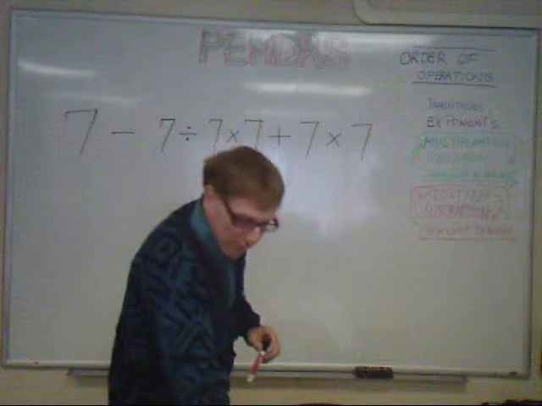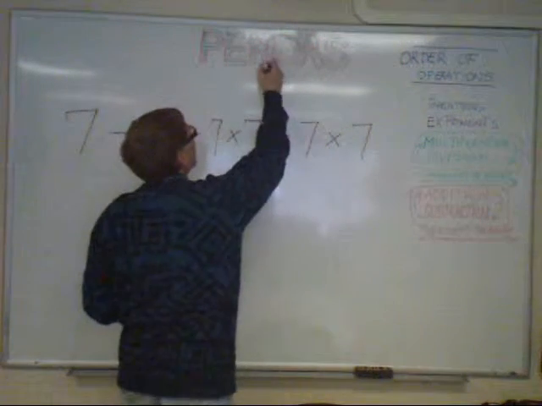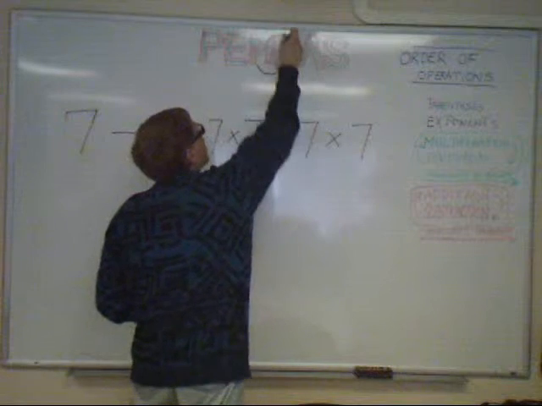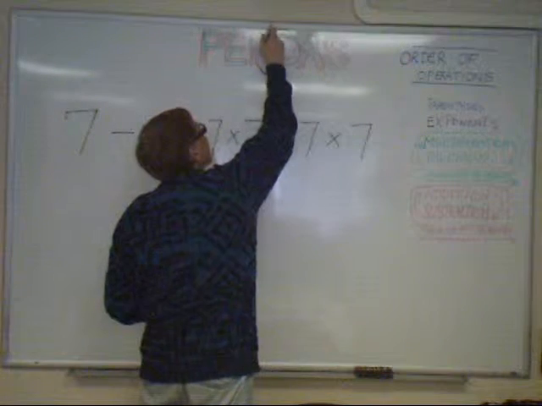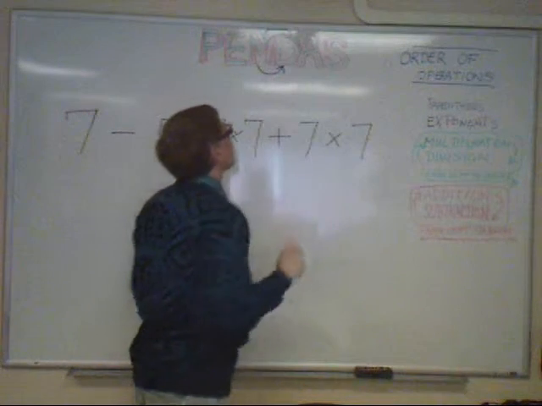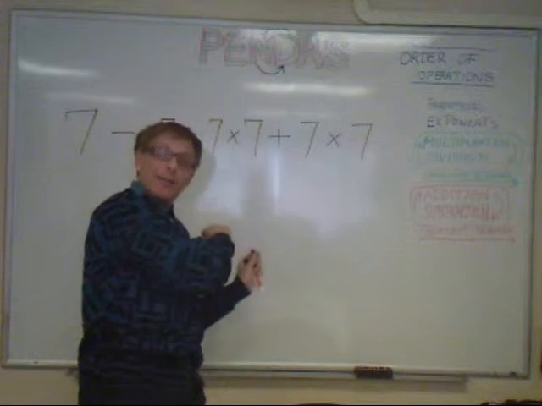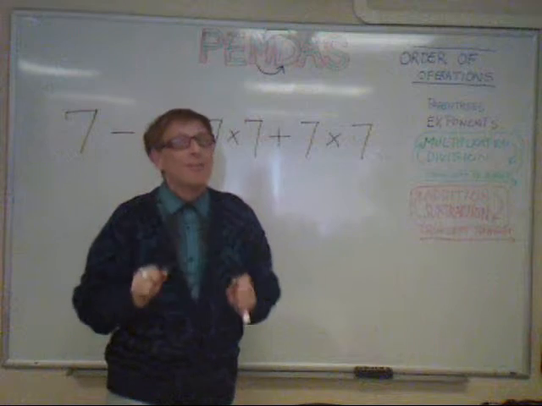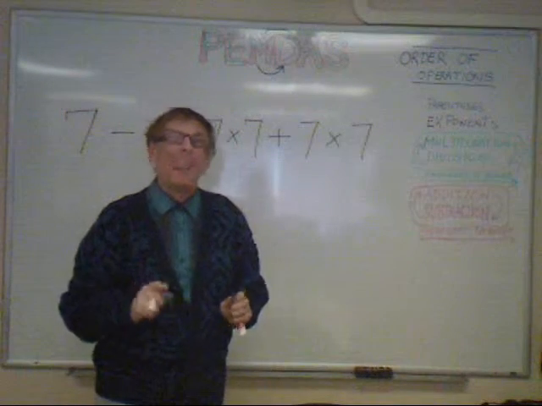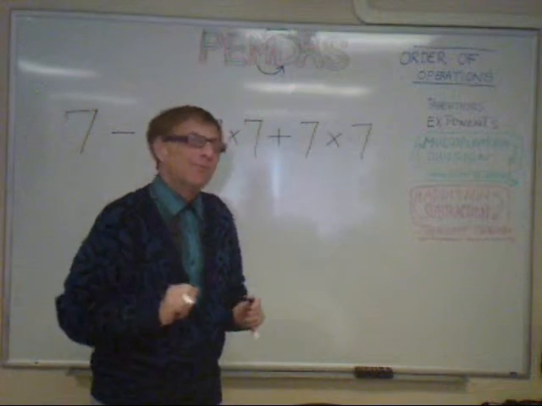But something to remember: multiplication and division are actually equals, and when you have both of those together, you would go with the one that's on the left first. So you may actually divide before you multiply. It depends which is on the left.